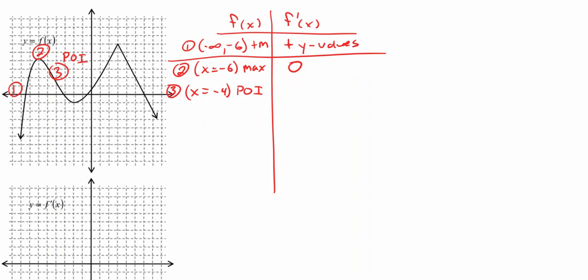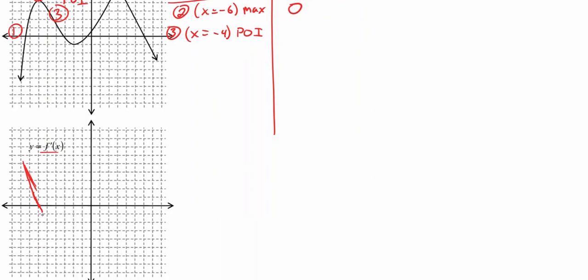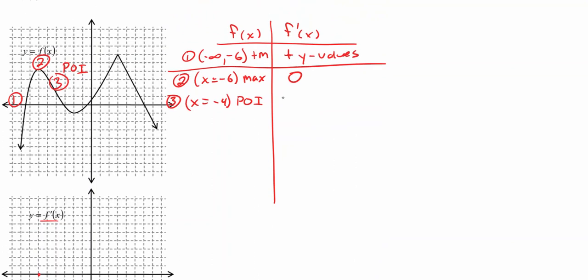Okay, so at that point, well, we know it could be a max or a min, but we could also think about it this way: on f of x, beforehand I'm up here, and then I know I'm going to cross at 0 at -6, so it's going to cross here. So if I'm on my way down, and then I cross, and then I have a max or a minimum, what would it be? Well, this would definitely be a minimum, wouldn't it? It's not going to be a maximum. So I think I'm safe to say that this thing would be a minimum.